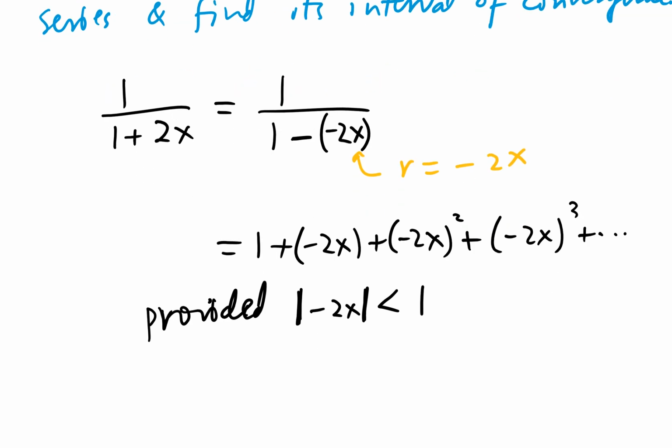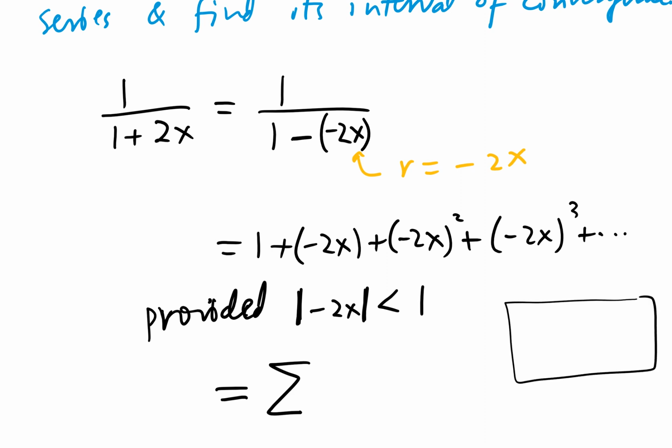Then that equals the sum. Remember again, I'm going to write it down here on the side. 1 over 1 minus x is the sum of x^n, where n goes from 0 to infinity. So if you want to rewrite what we just got using sigma notation, n goes from 0 to infinity, basically we put the r in there, which is negative 2x to the nth power.